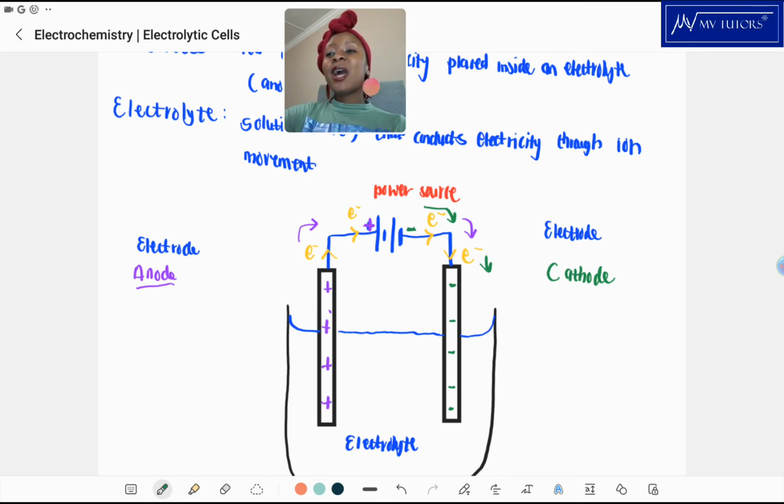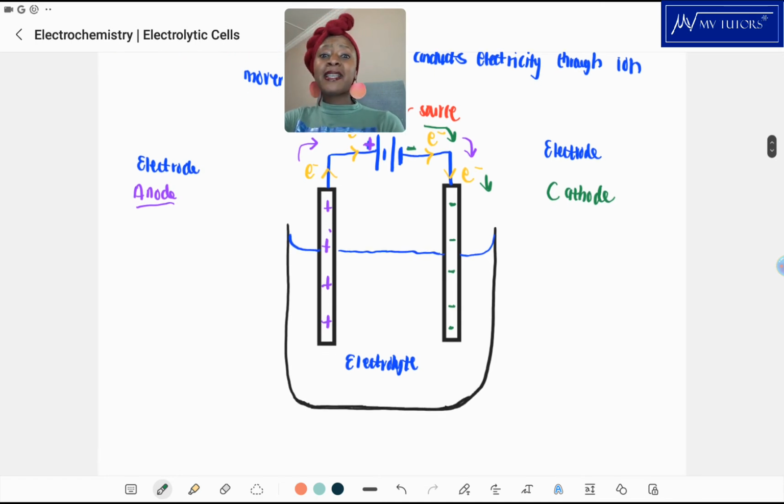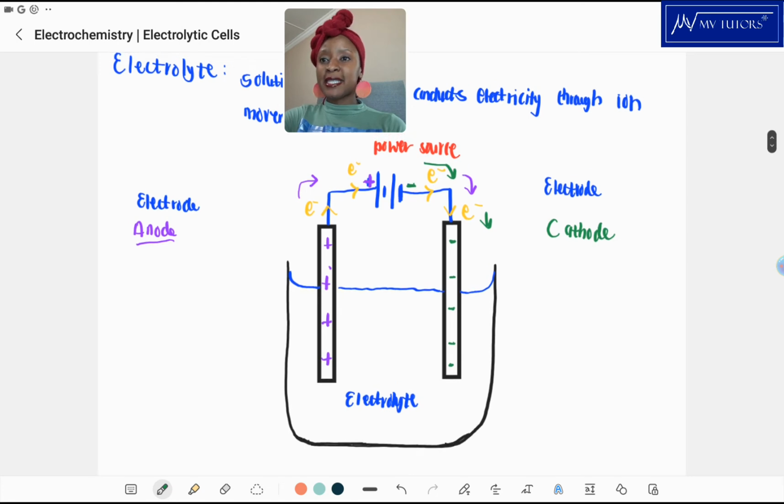So now you have an electrolyte. We talked about a solution that basically allows electricity to be conducted. In this electrolyte, let's say you have a salt in there. Once the salt comes into the solution, it would dissociate into its ions. You have positive ions, and you have negative ions. I'm just going to put x's and y's.